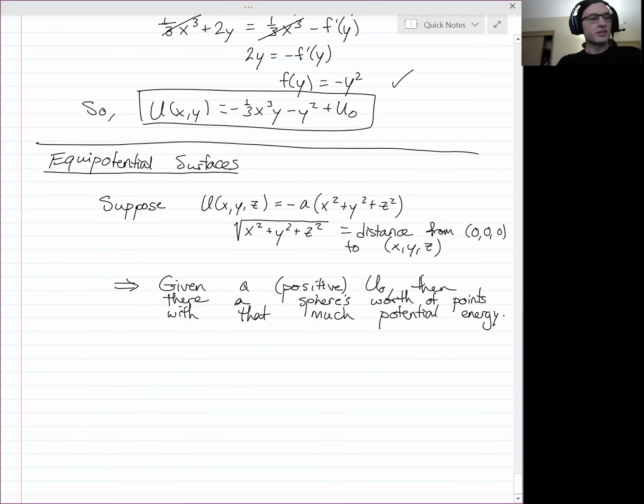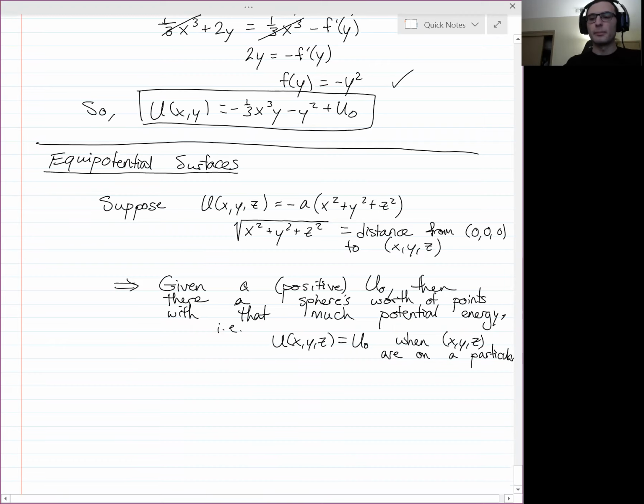I.e. that U of x, y, and z equals u naught when x, y, and z are on a particular sphere. And which sphere that is, like the sphere of what radius, depends on what the value of u naught is. Like you could solve for what the radius is pretty easily.